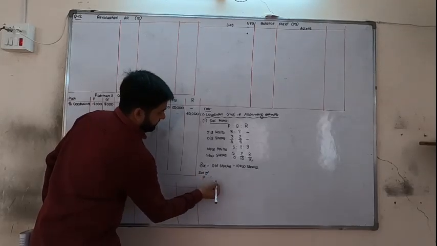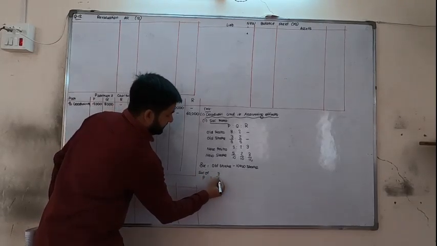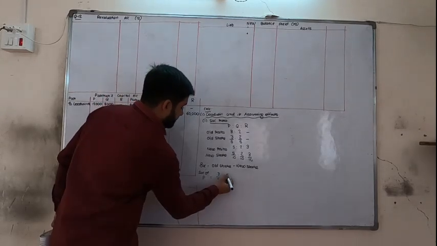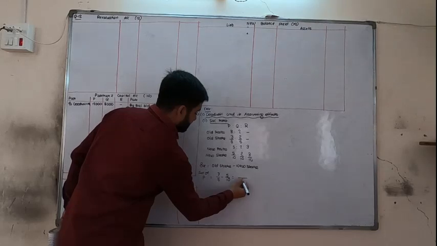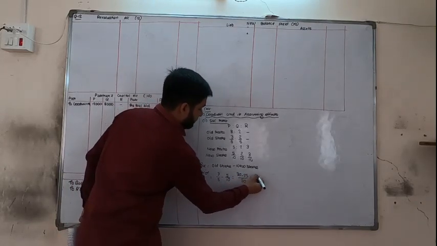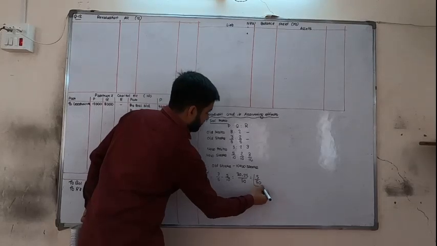Sacrifice of P. Old share of P is 3 by 5, new share of P is 5 by 10. 5 tens are 50. 10 threes are 30. 5 fives are 25. 5 by 50.